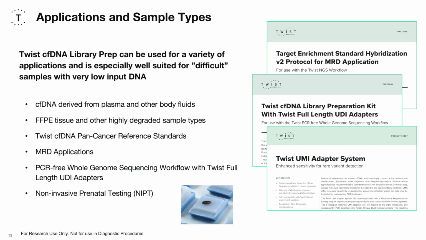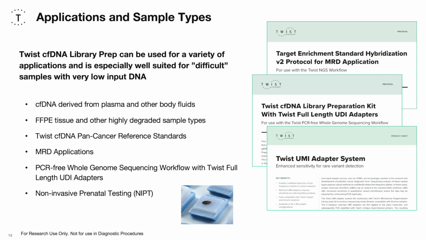The Twist cfDNA library prep kit is incredibly versatile and especially well suited for difficult samples with very low input DNA. It's ideal for cfDNA derived from plasma and other body fluids, as well as FFPE tissue and other highly degraded sample types.